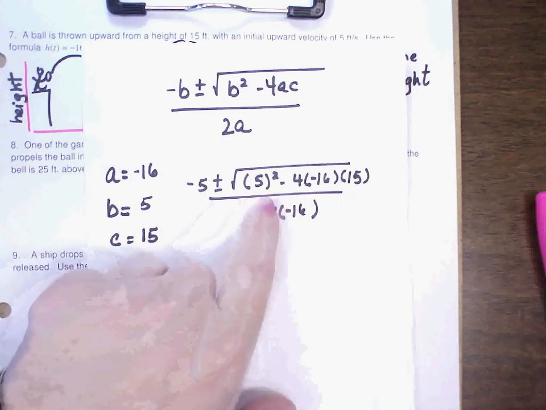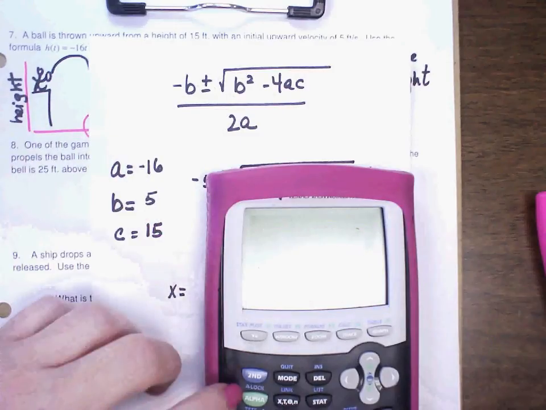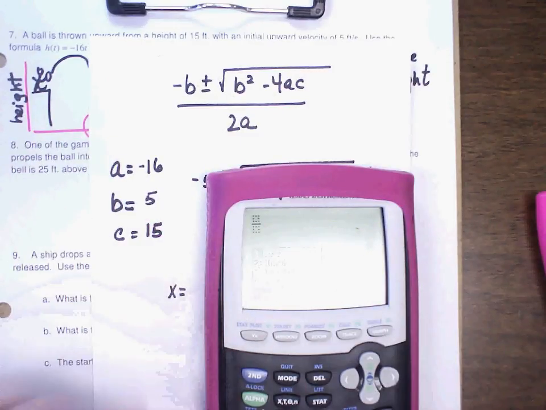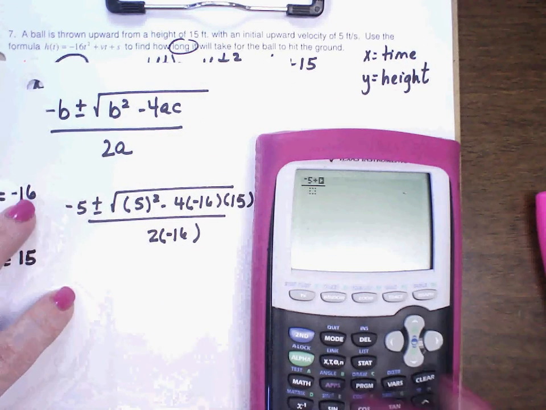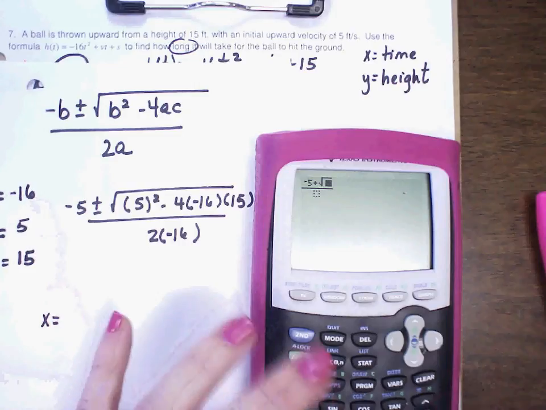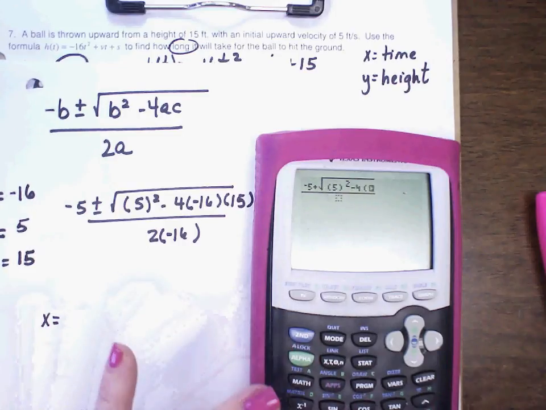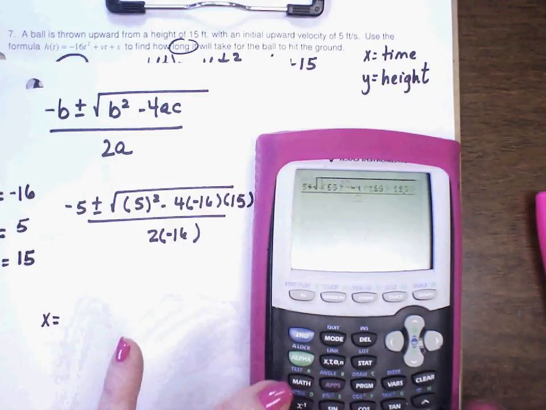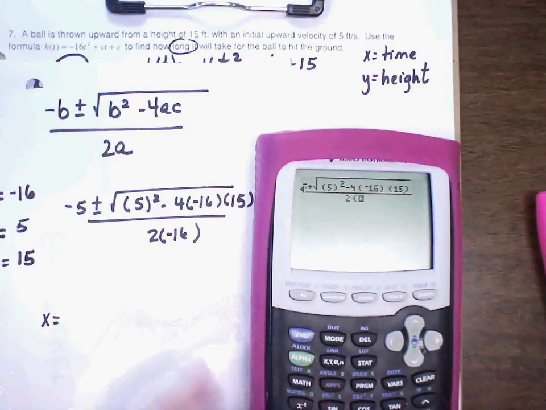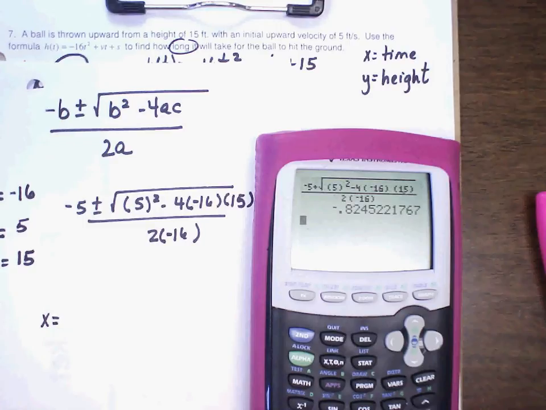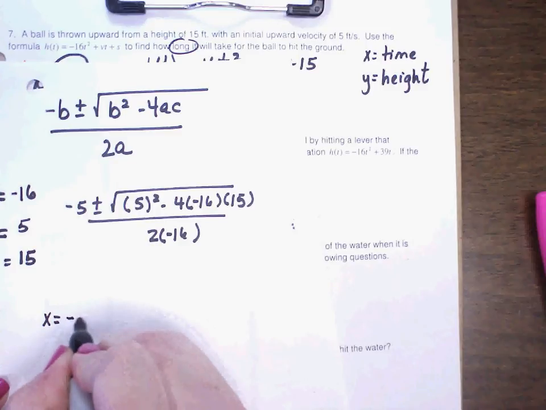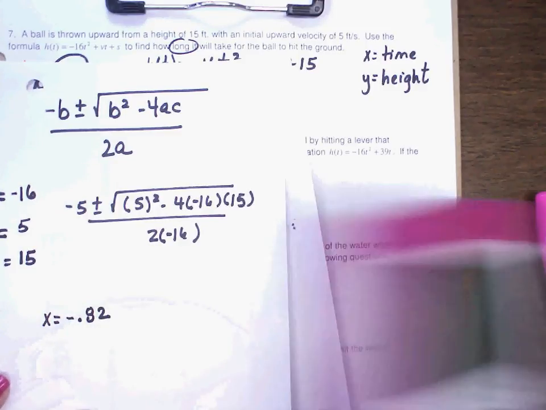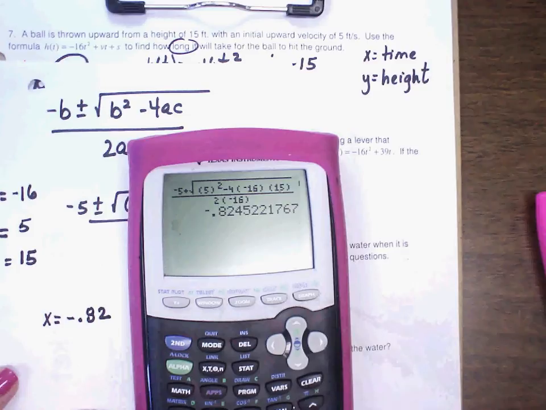All right. So what did we get from this? So let's see. Let's do it. All right. So negative 0.82? So obviously it's not going to be that one, right?